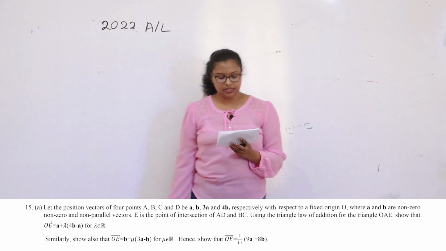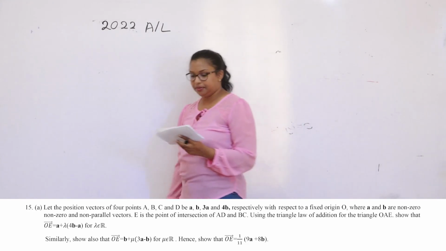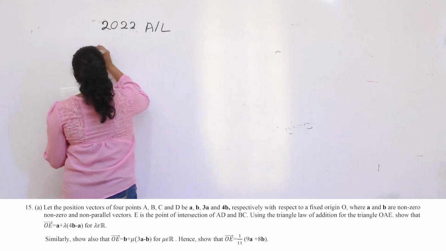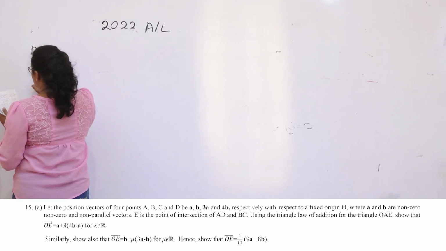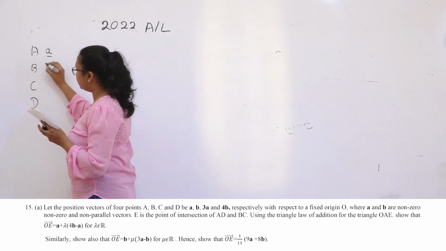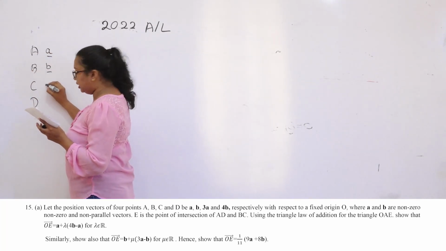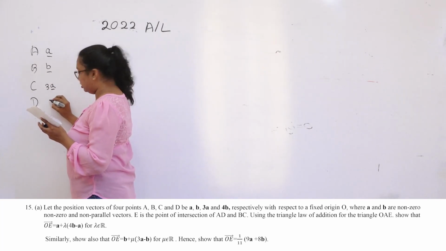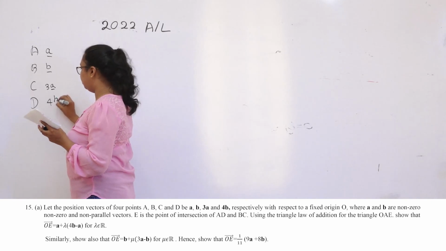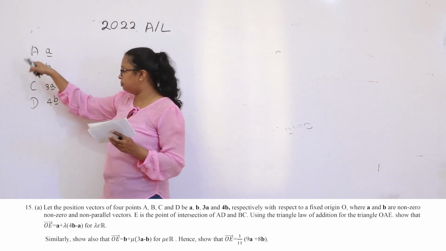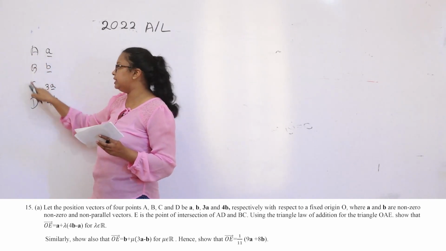First of all, let's draw this diagram. Position vectors of A, B, C, D, they have given like this: a, b, 3a and 4b.